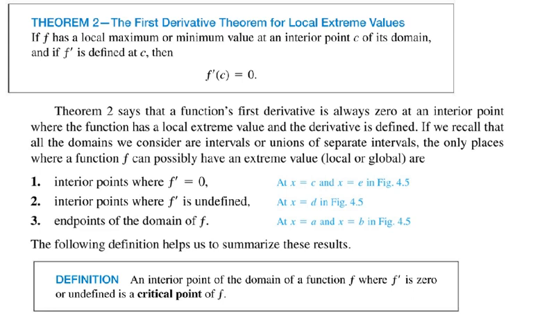So, theorem 2, the first derivative theorem for local extreme values, says that if f has a local maximum or minimum value somewhere at an interior point, call it C, of its domain, as long as the derivative is defined at C, then we know the derivative is equal to 0.